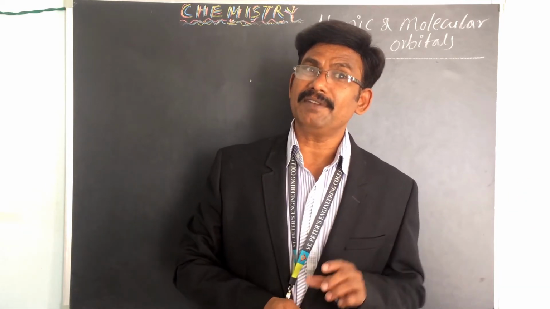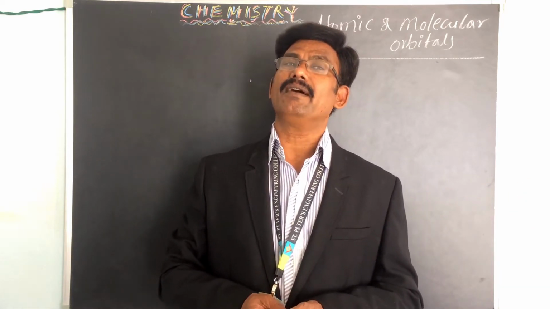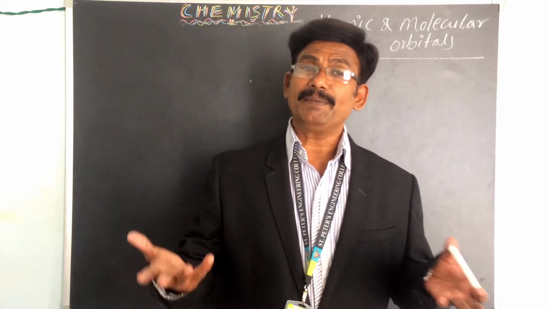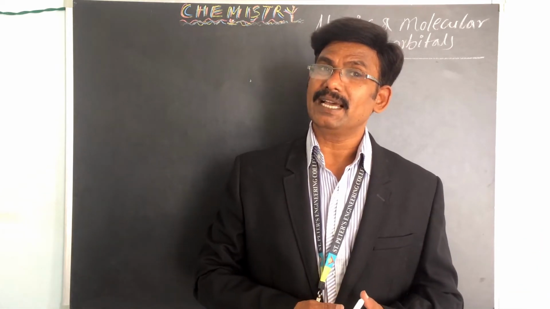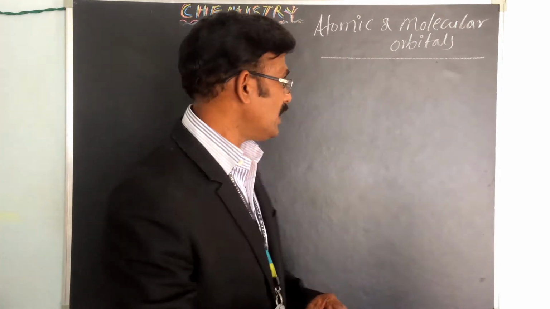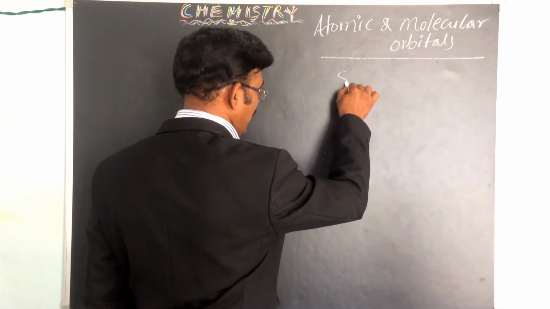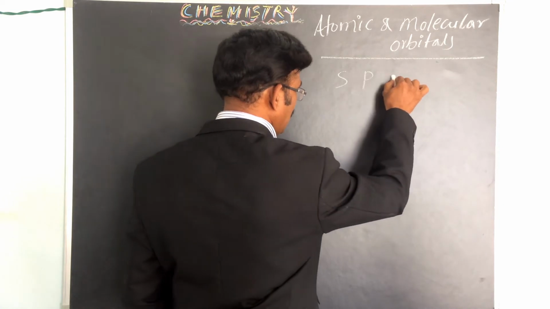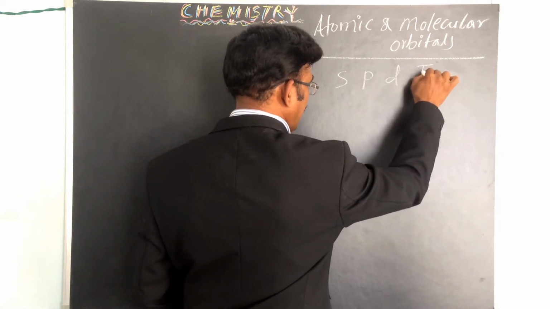The electrons are present where? In orbitals. What orbitals are present? S, P, D, F. We discussed this in the last class.